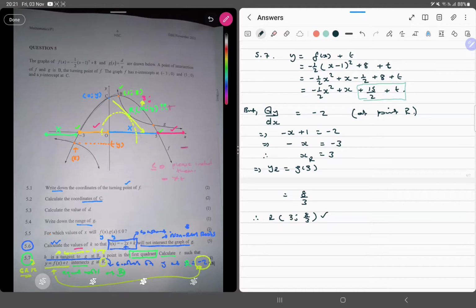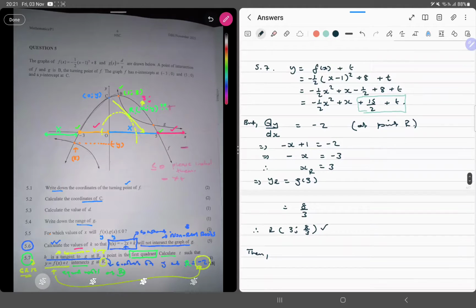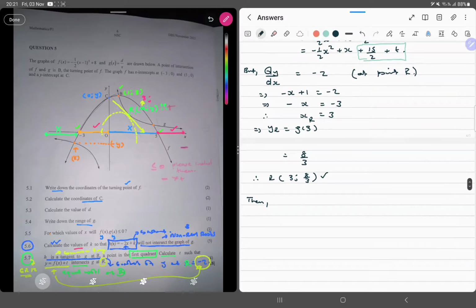So basically, let's start with our essay and say then, remember, we were told that these are equal there. So this means f, this function here, whatever name it is, when x is 3, y is 8. So we can say then y is equal to 8. Or we can say 8 is equal to y.